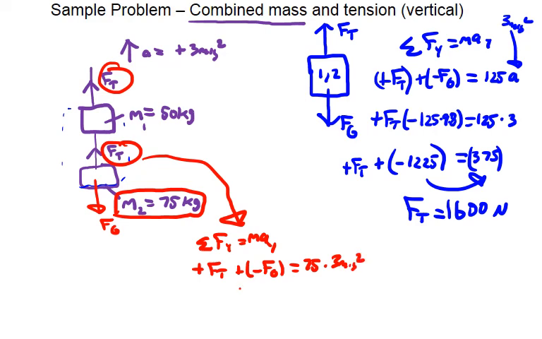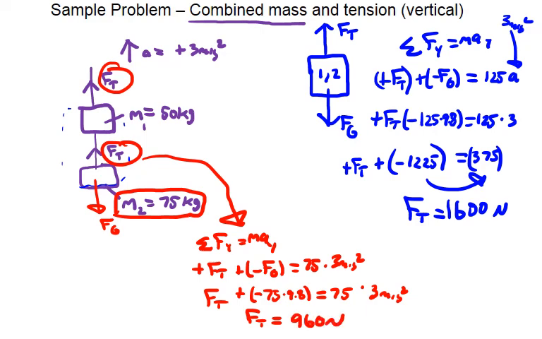And when we work this one out, we have the 75 times 9.8, and then we can find the tension force, and over here the tension force is 960. So quite a bit less, but that's because the tension force here is only pulling up this one. This tension force is pulling up both of them.